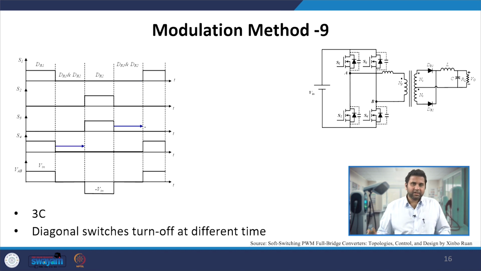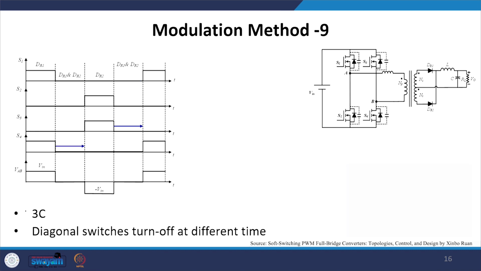Similarly, if we see modulation method 9, we are having the 3C, where what we are doing is delaying our lagging leg by 1 minus dTs by 2 period. However, we are also adjusting the turn on period of the S1 and S2 switches by 1 minus dTs by 2 period.